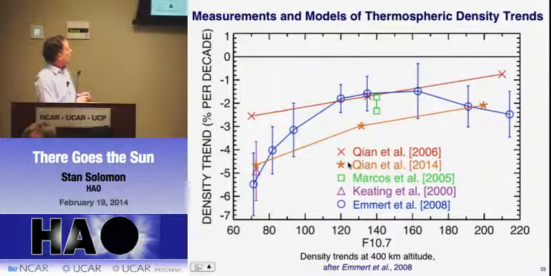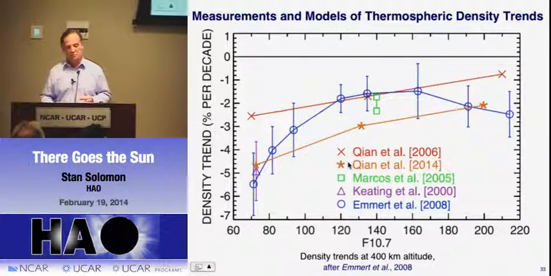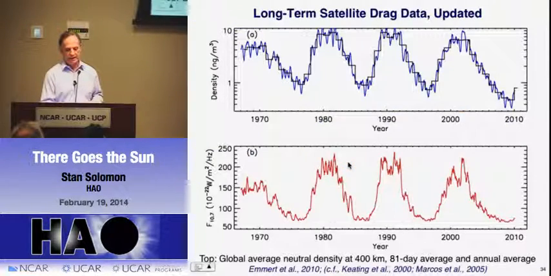This is our new 3D model result. I call your attention to this low activity estimate here. We are now in good agreement with Keating and Emmert that at low solar activity, on the order of 5% per decade. And here's that 5% per decade again.